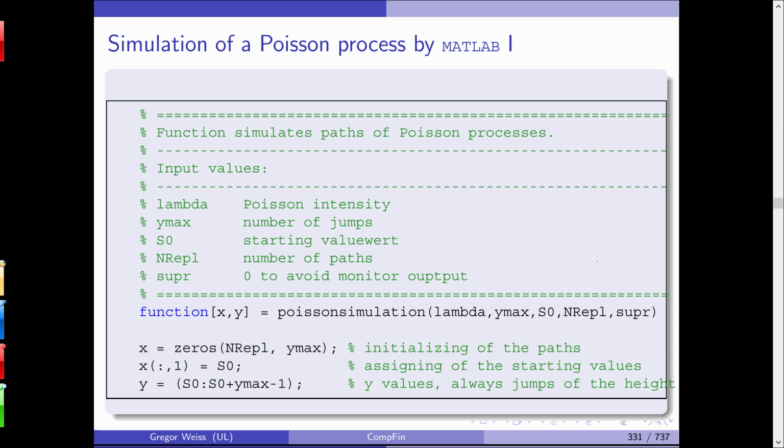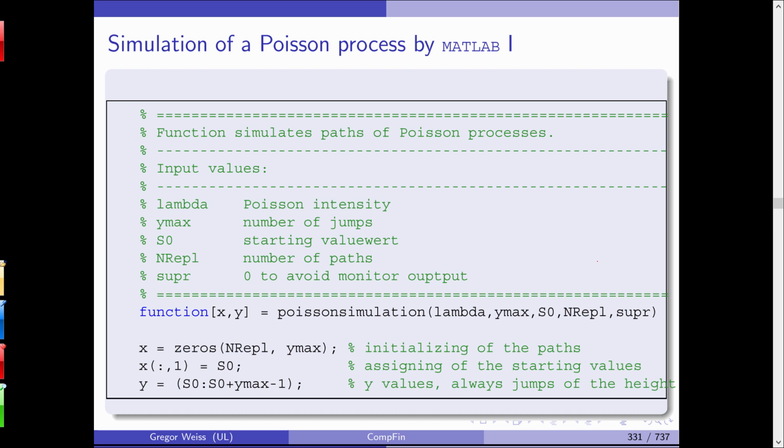Now, on the next slides, you will see a lot of MATLAB code, and here this is programmed in very much detail. So we want to simulate one path of the Poisson process. We need lambda, the Poisson intensity, the number of jumps, the starting value, the number of paths, and we want to avoid the output on the screen.